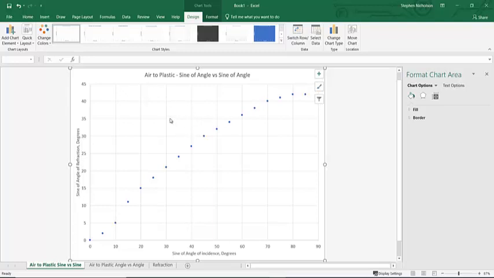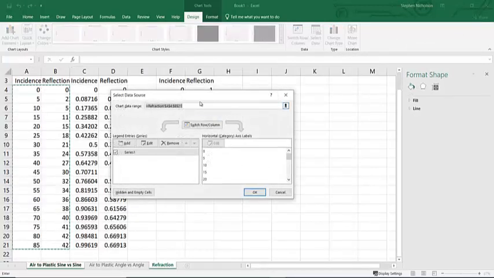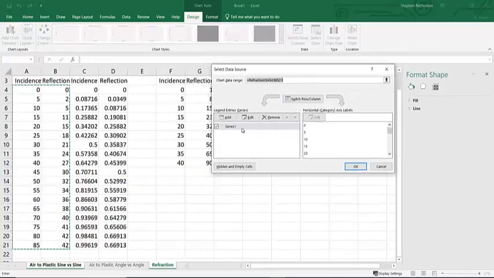So the way you do that is you'll see that when we clicked on the graph, you have this choice of design and format. So we're going to design it, and we're going to select the data. So here is where the data is selected, and it's selected A4 through B21.